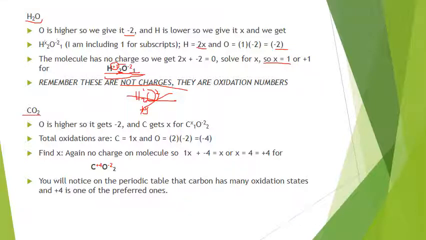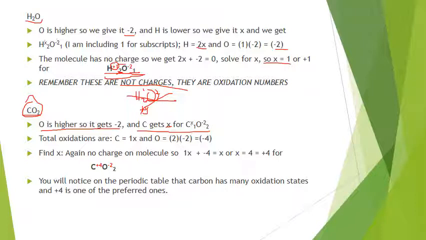Right, carbon dioxide. All right, so you have oxygen, which is higher up on the table. In fact, carbon is not even on the table, so you have to figure it out. So carbon gets an X, okay, and oxygen gets -2. And so you get carbon equals 1x and oxygen equals -4, 2 times -2. The overall charge in carbon dioxide is 0.